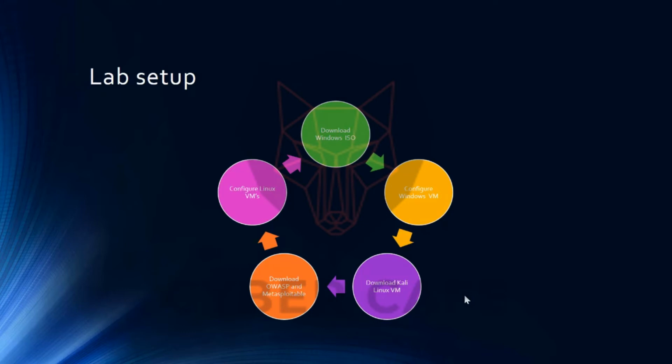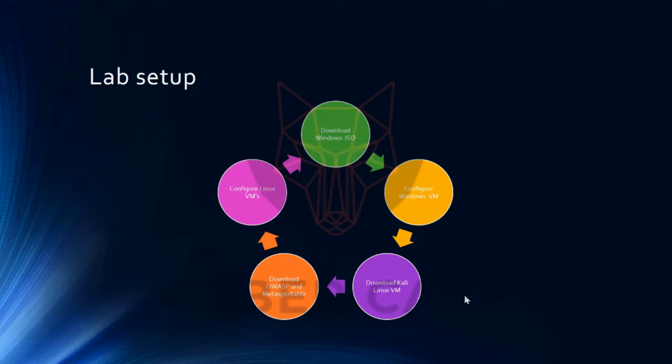The first one is OWASP Broken Web Applications, and the second one is called Metasploitable, which is a virtual machine that has Linux on it, and it will be used as a target for testing different attacks.